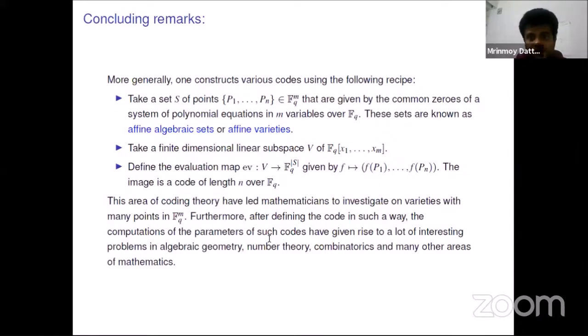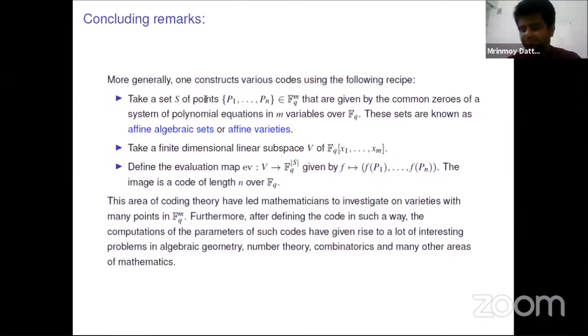We evaluate on them a finite dimensional linear subspace of polynomials in m variables. By a similar technique, we could produce a code. Now note that the length of the code is exactly equal to the number of points that we have on the set that we have started with.